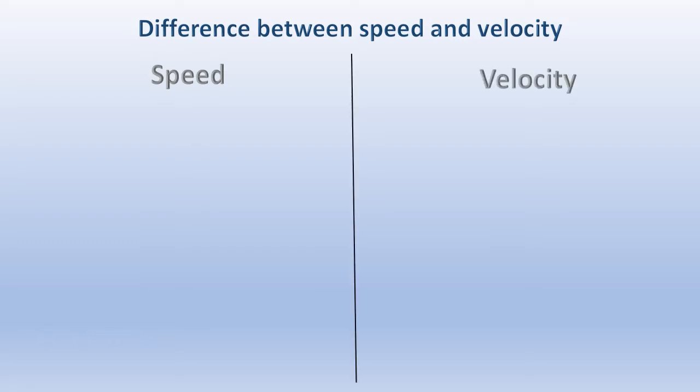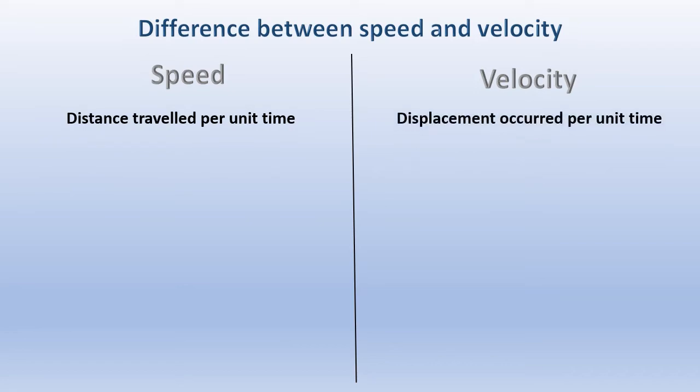Let us now look into the difference between speed and velocity. Speed is the distance traveled per unit time. Velocity is the displacement occurred per unit time. Speed is a scalar quantity. Velocity is a vector quantity.